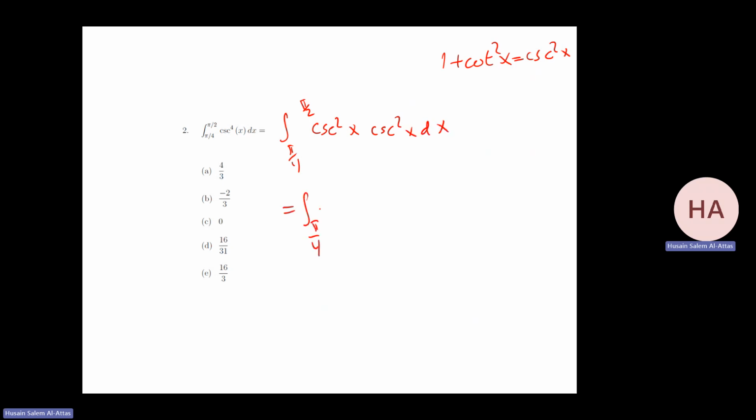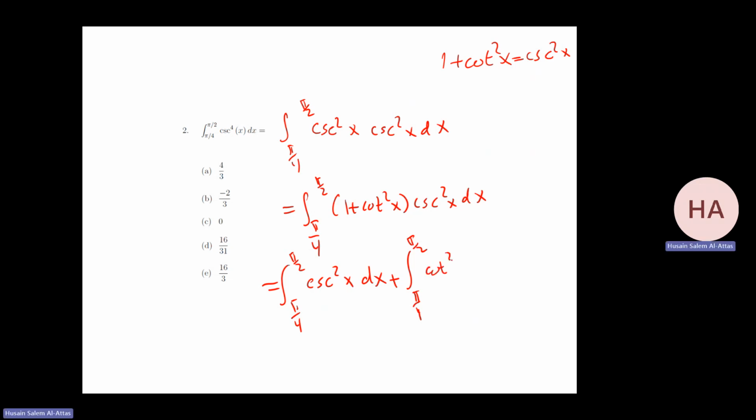That gives me one of these cosecant square. So now the integral from pi over 4 to pi over 2 of cosecant square is one integral, and the second integral is cotangent square cosecant square x dx.